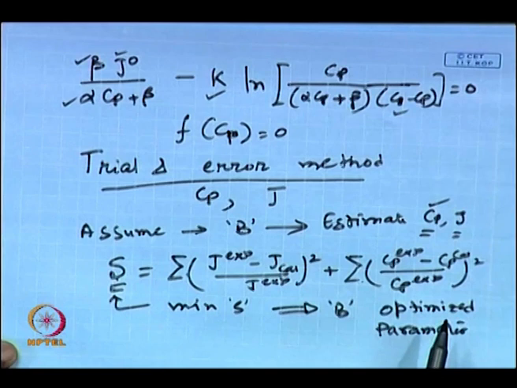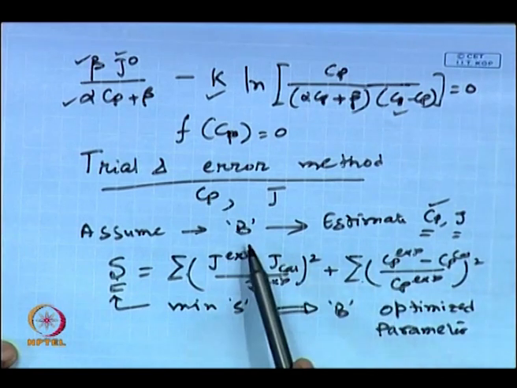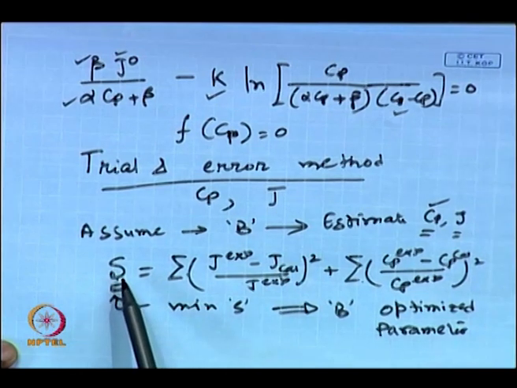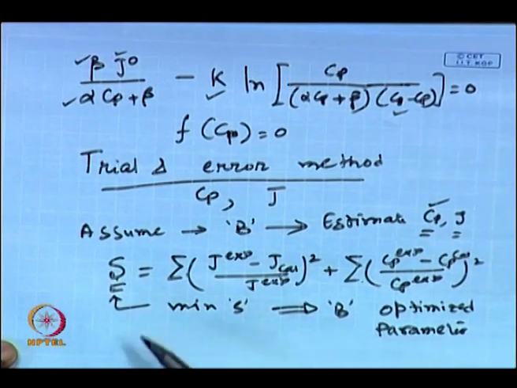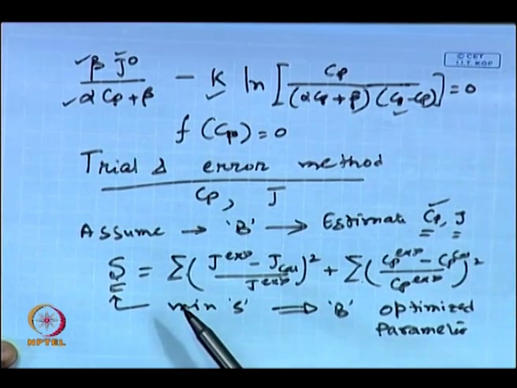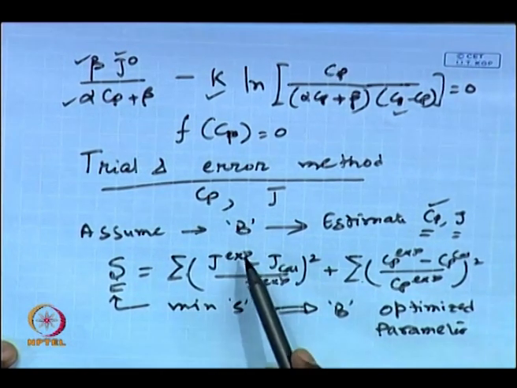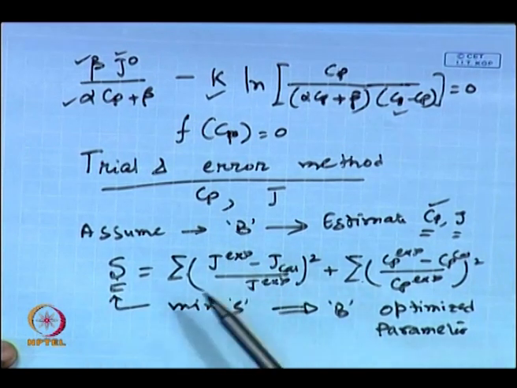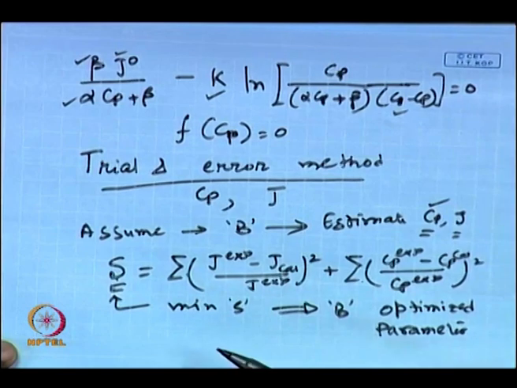What is the role of the optimizer? The instance I said, you guess a value of B, that is the guess value, compute the value of S, and whether it is minimum or maximum or whatever the value it is, you have to have another calculation. So, you guess a next value of B and compute S. The optimizer has an inbuilt algorithm in itself.